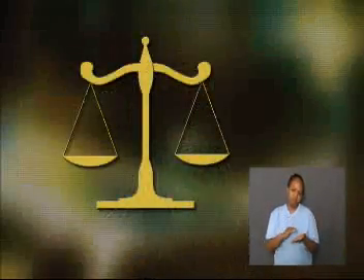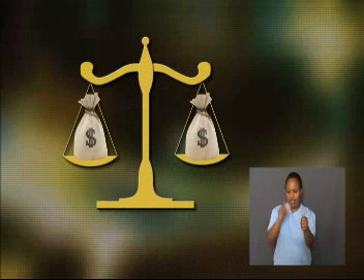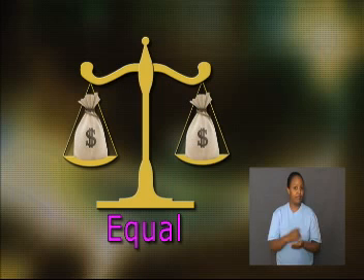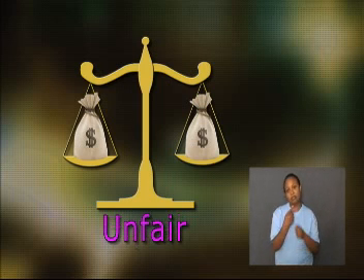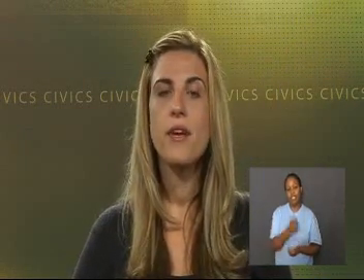Person B is a farmer and he does not earn very much money. Suppose that persons A and B both pay the same amount of money in taxes. That is equal, is it not? However, it is not fair. Let us consider another example.